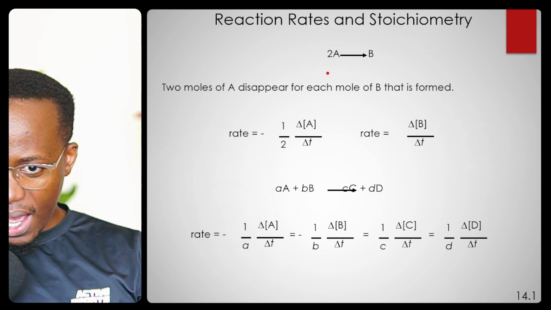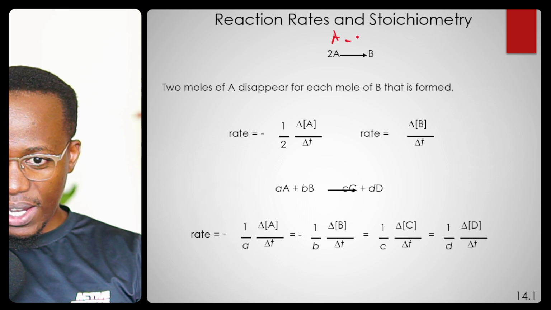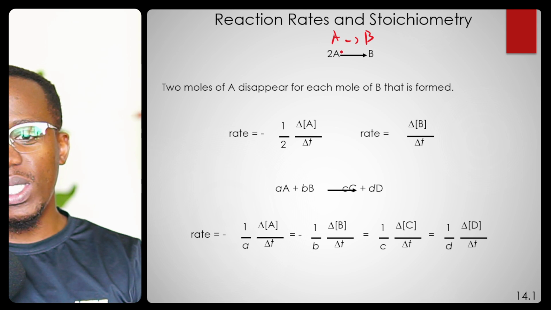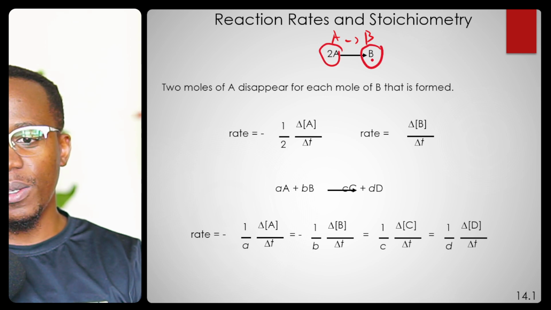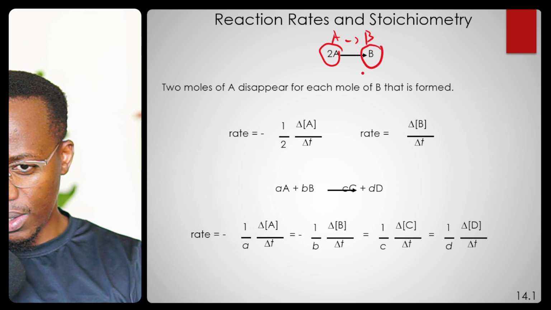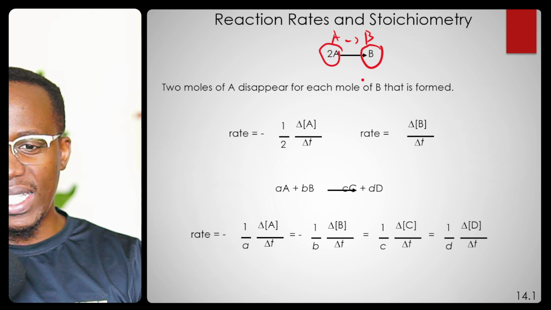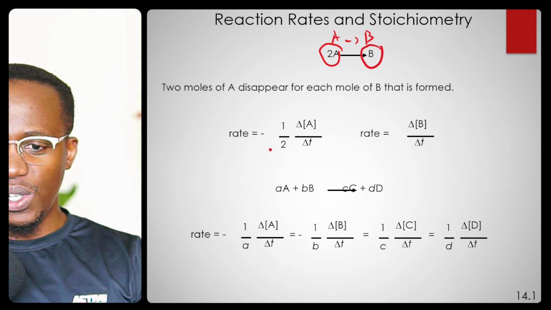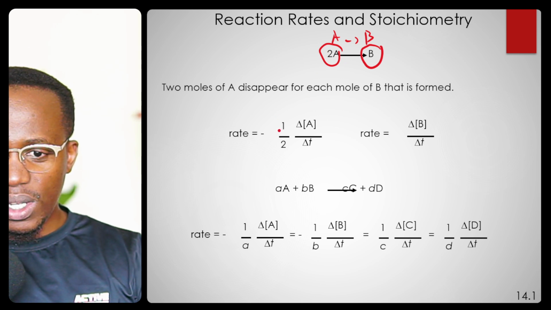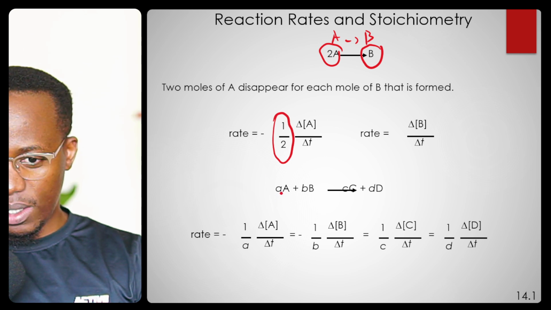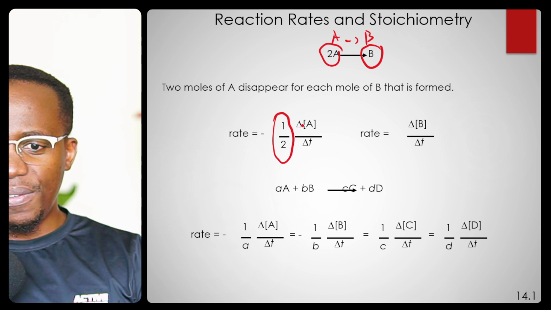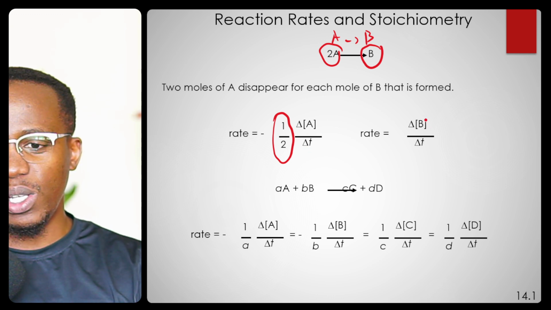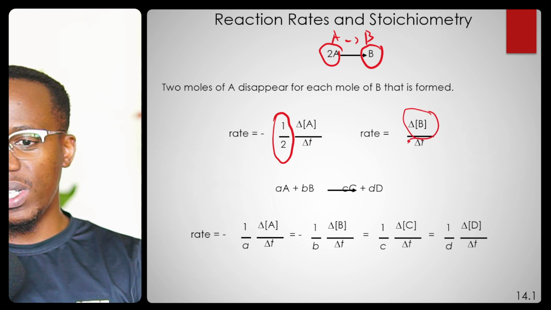Instead of having A goes to B, now you have 2A goes to B. So stoichiometry is telling you that 2A is going to give you B. How do we factor it into account when measuring the rate? You're going to have this 2 at the bottom here: 1/2 of the disappearance of A over time is equal to the appearance of B over time.